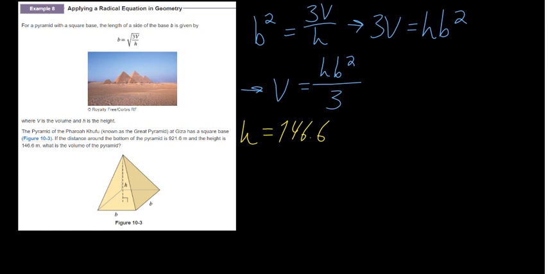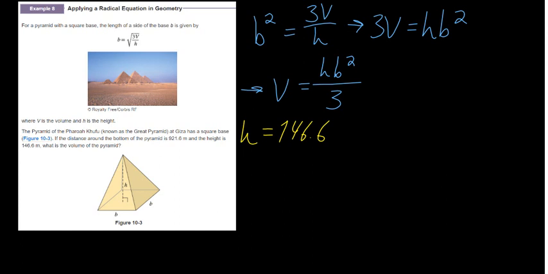I need to find B. How do I find B? Well, my base is 921.6 meters. So what we're going to have to do is take that and divide it by 4.